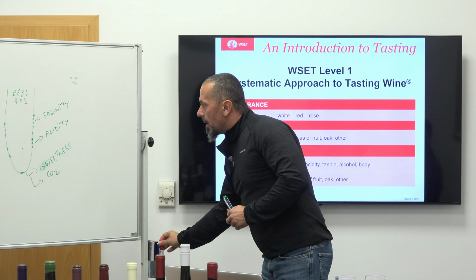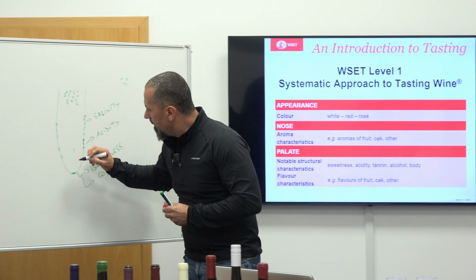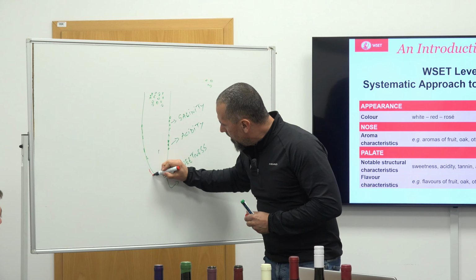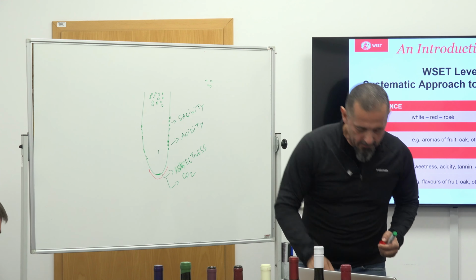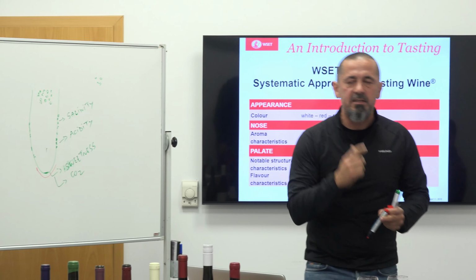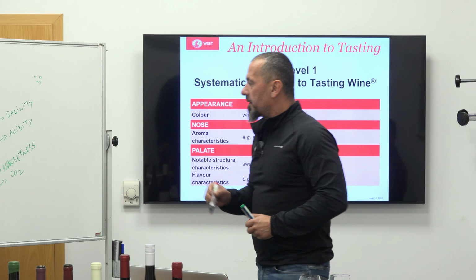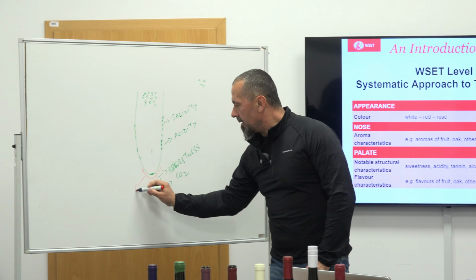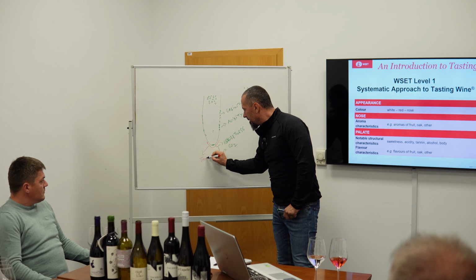What we detect here is your gum, your gingiva. This is what we usually detect for red wines, and this is called tannin.